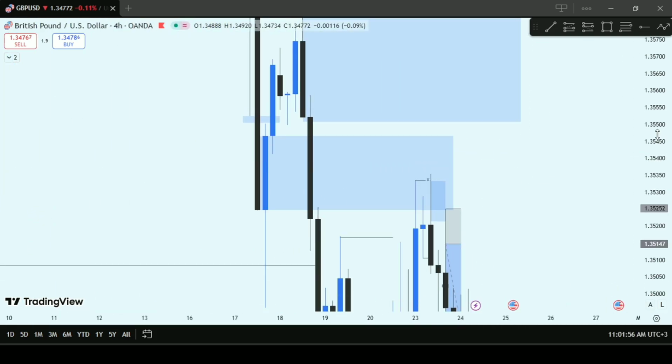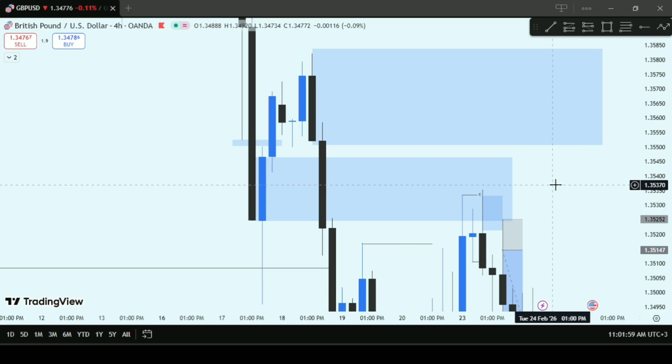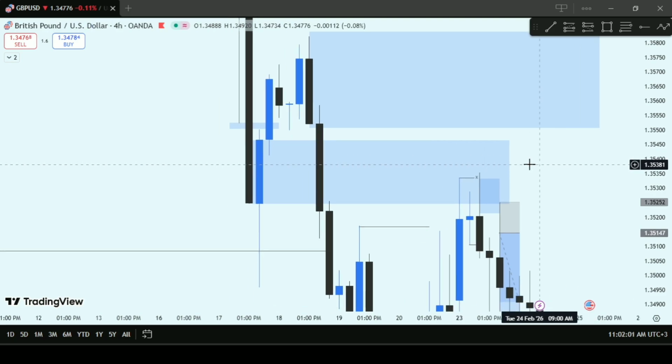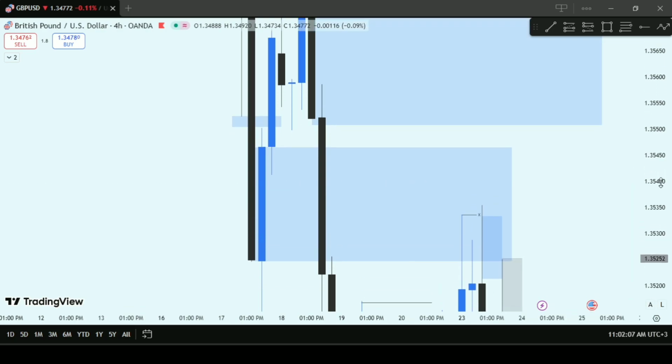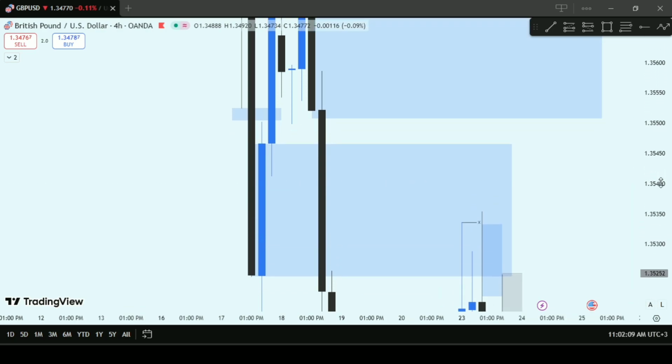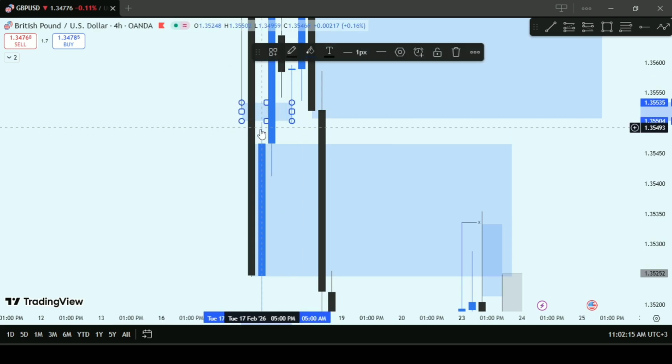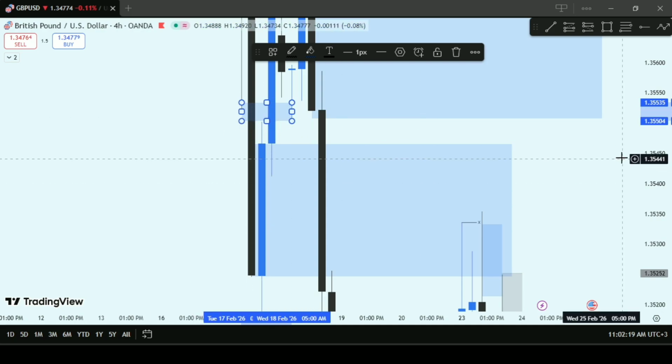So this breaker block had a BPR, a balanced price range. This is a balanced price range. Maybe the ICT guys call it the inverse FVG, the IFVG, but I call it the BPR, the balanced price range. For a valid breaker block, it should have a BPR like here.